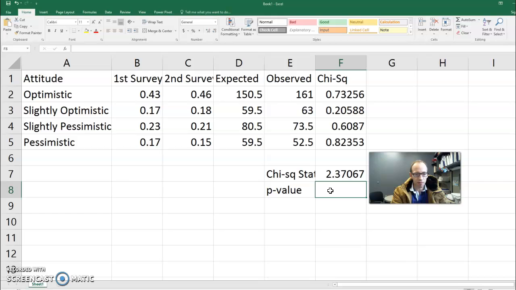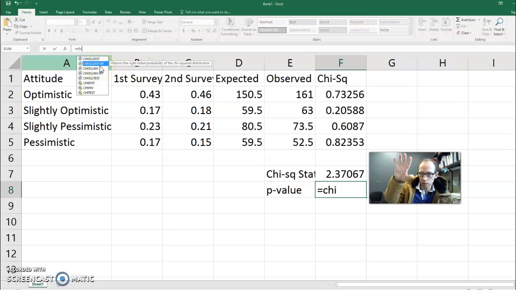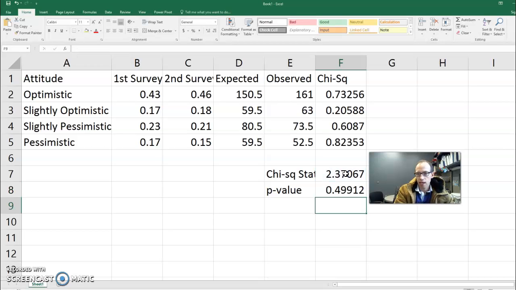However, we could also get the p-value here, just in case you need it, or it can help you confirm your decision to fail to reject the null. So we could type equals and then start typing chi-squared. I don't really memorize this, but it's the chi-squared distribution right tail. We want the amount out in the right tail for this particular test statistic with 3 degrees of freedom.